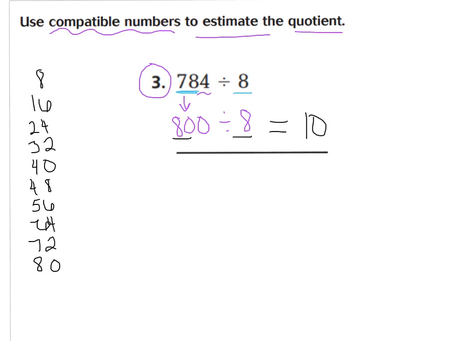But remember, I have this 0 behind the 80, so that needs to be added to my answer also. So 784 divided by 8 is about 100 because I used the 800 as my compatible number and I divided it by 8 and I got an estimate of 100.